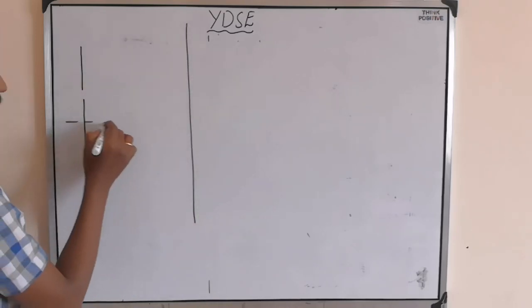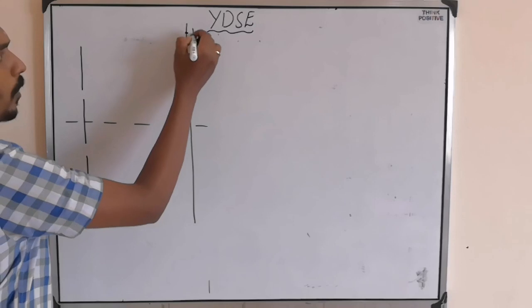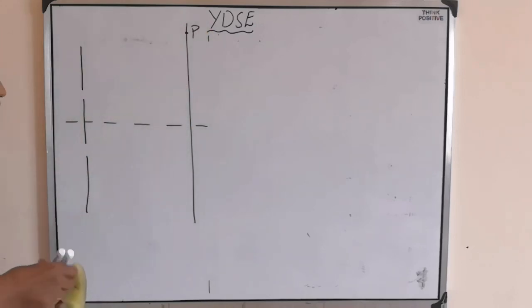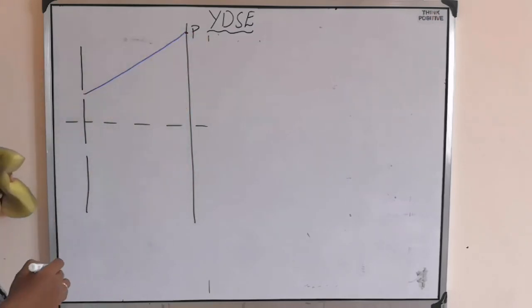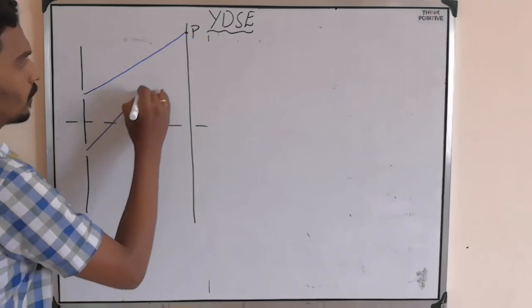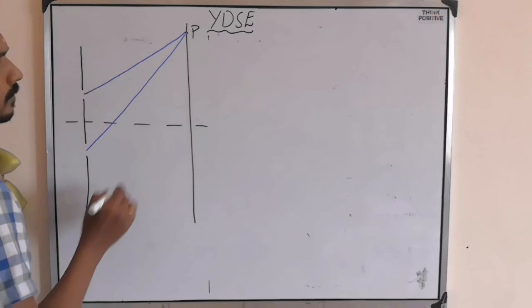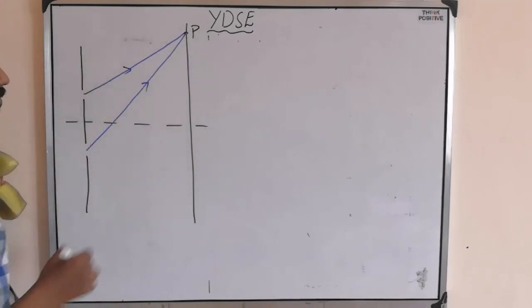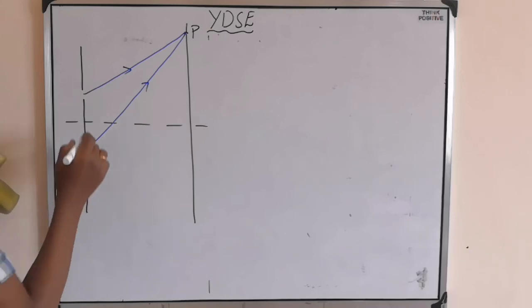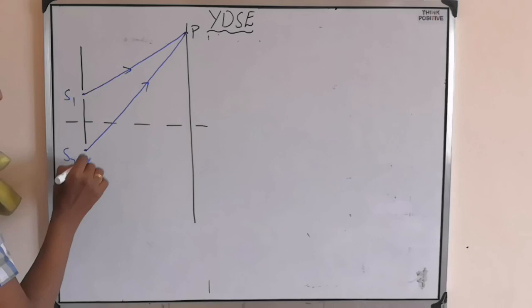At any point P, one light wave travels from here, another light wave travels from here. So this is S1, this is S2.